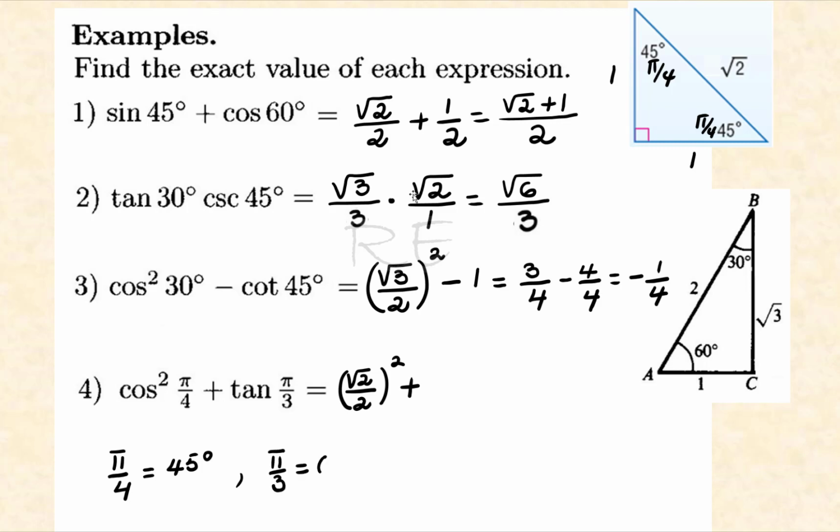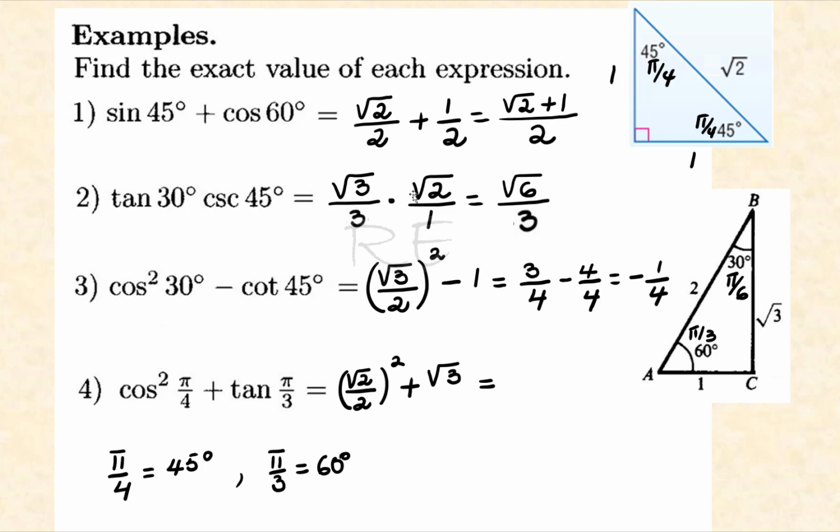Pi over 3 is 60 degrees. So it's pi over 3, pi over 6, and pi over 2. So tangent pi over 3 will be square root of 3.